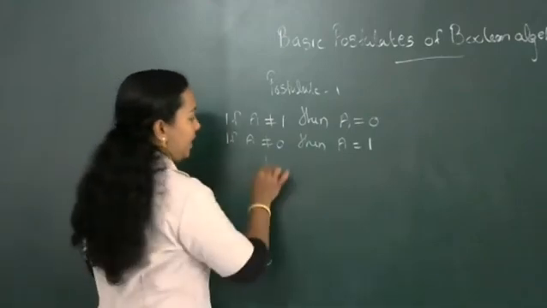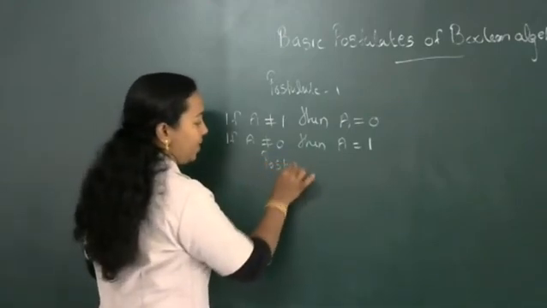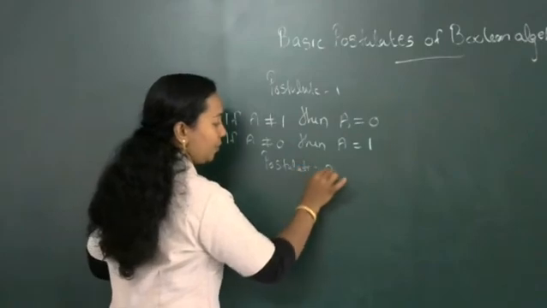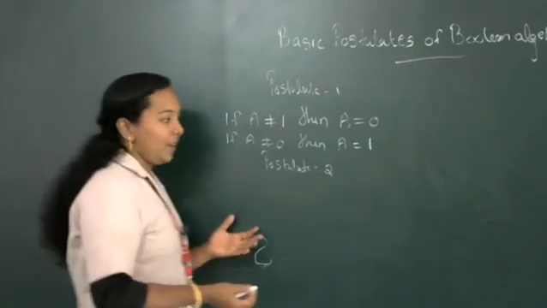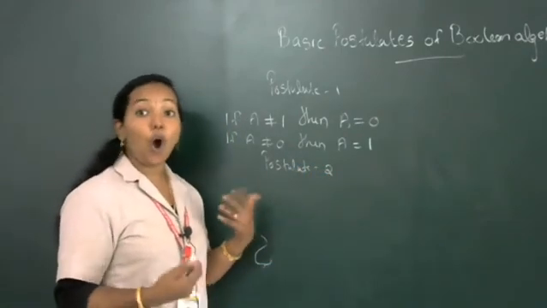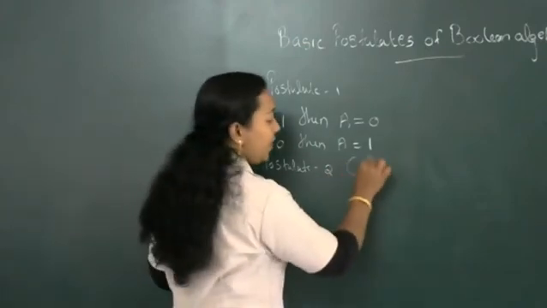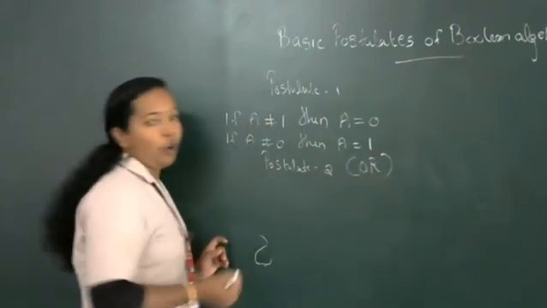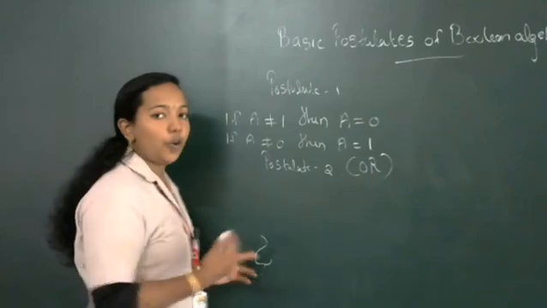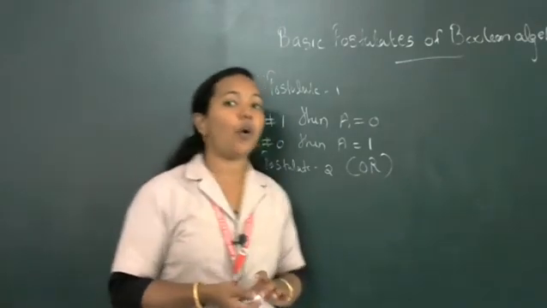Then next, postulate 2 or rule 2. It is relating to the OR operation. You already know the truth table for the OR gate.